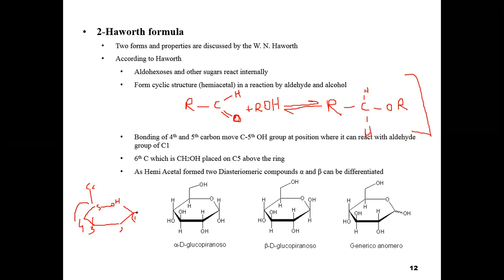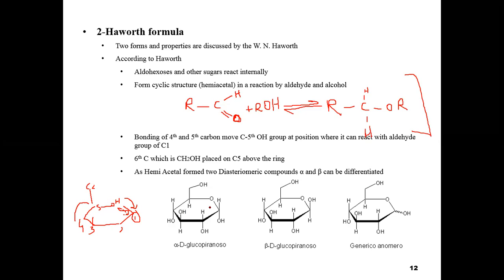Because this hydroxyl group is close to this carbon, this hydroxyl group will react with this carbon. Reaction will take place between these two. Because of this reaction, this open chain will be closed and a ring structure will be made.